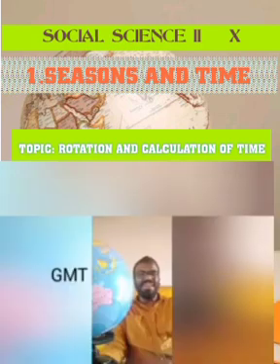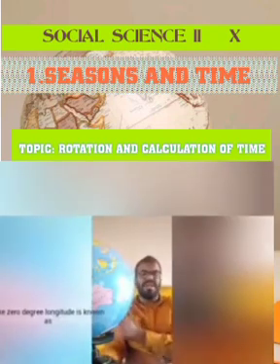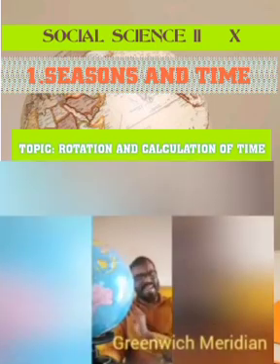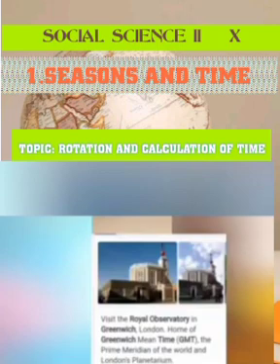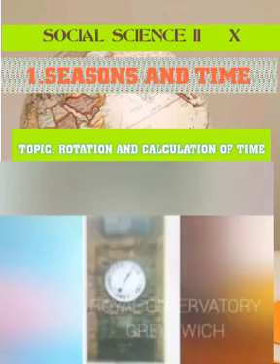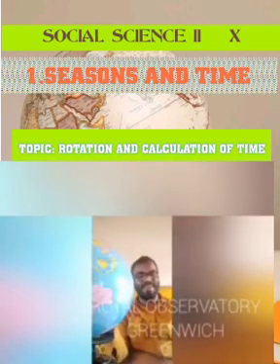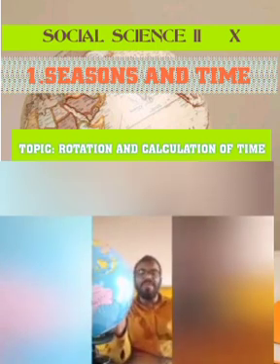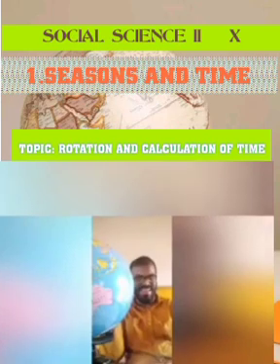The 0 degree longitude is known as the Greenwich meridian. It got its name from Greenwich, the place where the Royal British Observatory is situated, and the line passes through it.